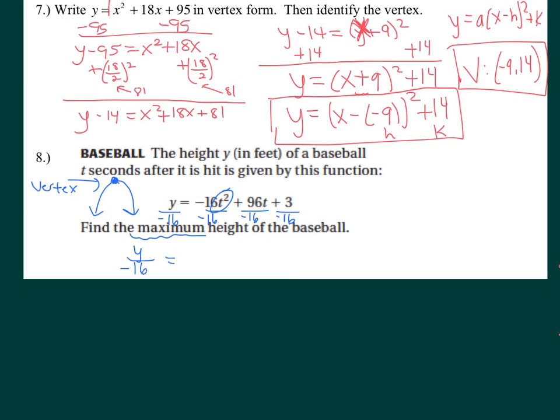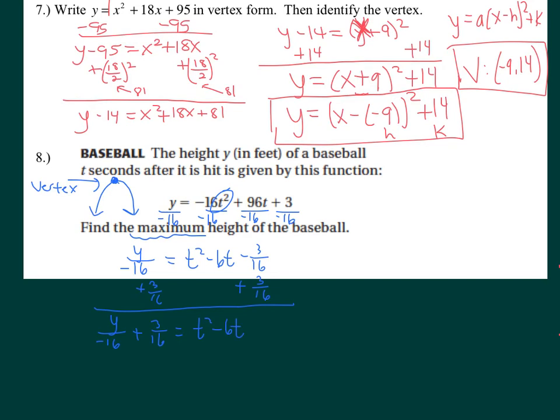We'll have y divided by negative 16 equals t squared minus 6t minus 3/16. Next step is to add the 3/16 to the other side to get it out of the way. So we'll have y over negative 16 plus 3/16 is equal to t squared minus 6t.